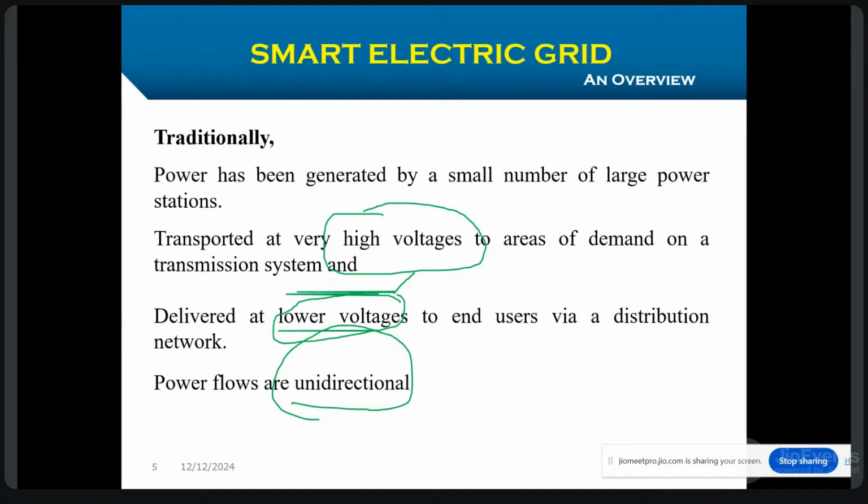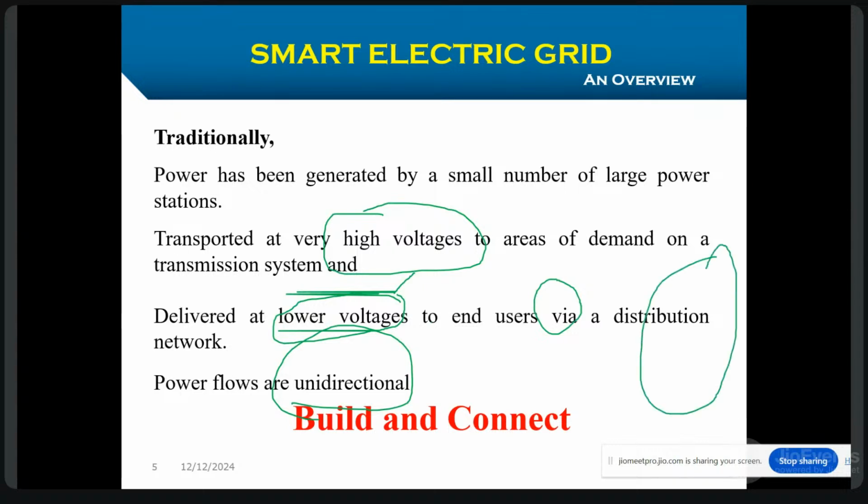However, when it comes to the smart grid, it is not the same. Before going into the details of the smart grid, let us see what we have done so far. We have built a generating station, and we have the loads. Let us say we have a city, maybe most of you are from Bangalore city, and the city has different loads.